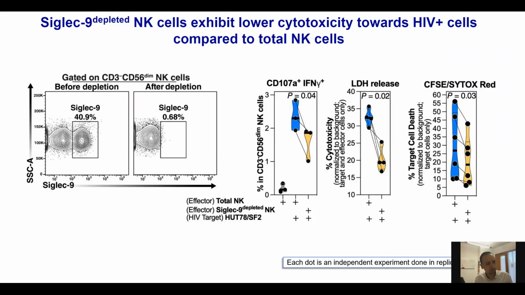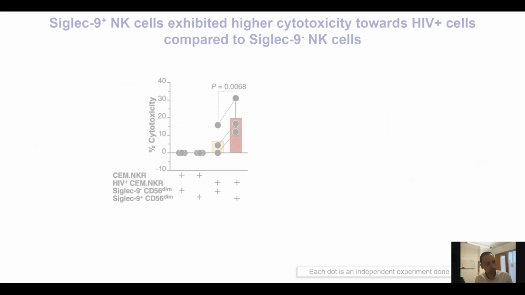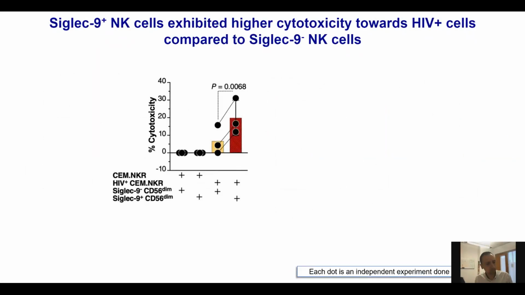This is kind of indirect evidence that Siglec 9 positive cells are indeed more cytotoxic against HIV-infected cells compared to Siglec 9 negative cells, which is something we next wanted to directly evaluate by sorting Siglec 9 negative NK cells from Siglec 9 positive NK cells and then co-culturing them with HIV-infected cell lines.